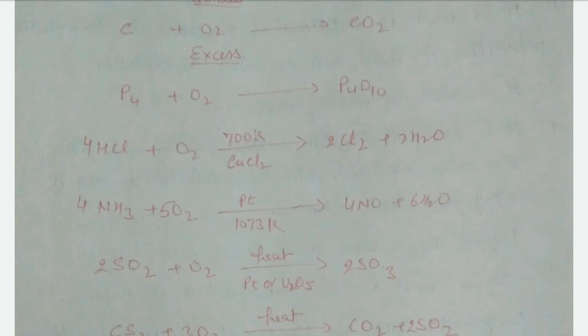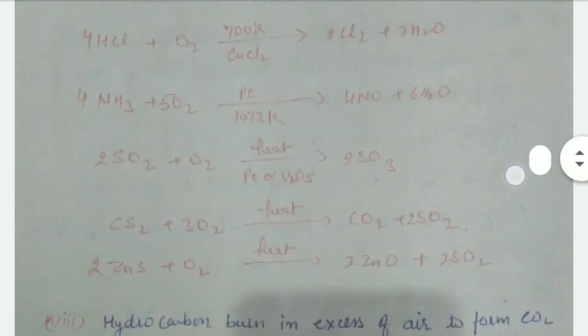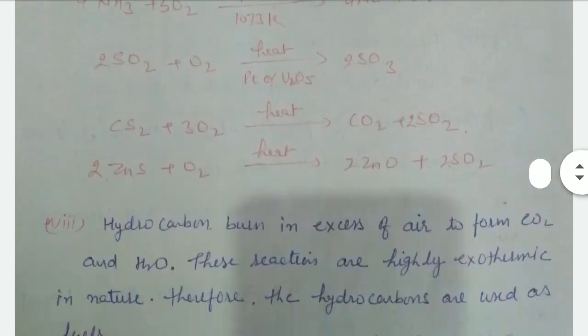Ammonia reacts with oxygen in the Ostwald process in the presence of platinum and heat to form nitric oxide. Sulfur dioxide heated in the presence of platinum or vanadium pentoxide forms sulfur trioxide.